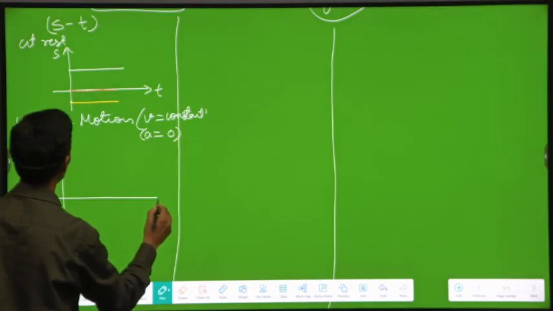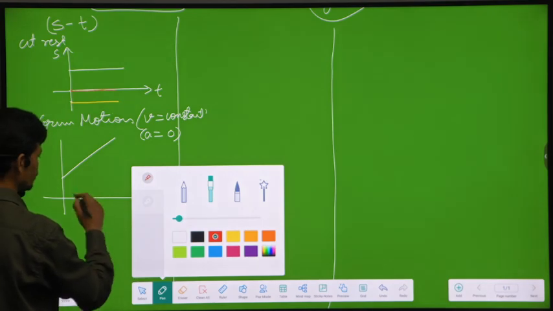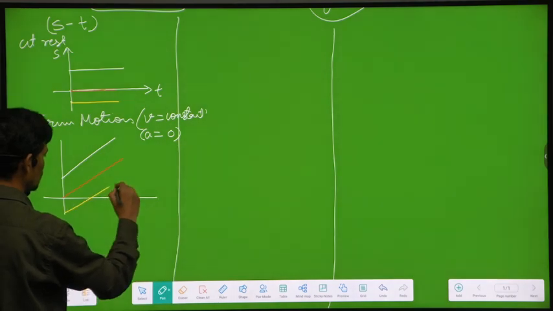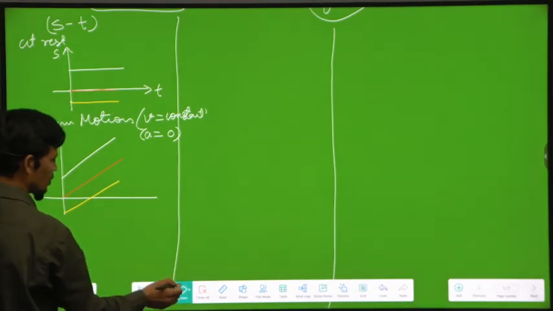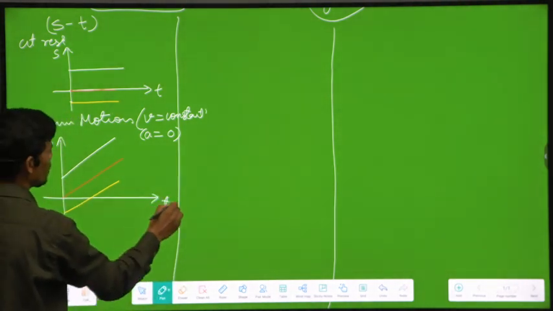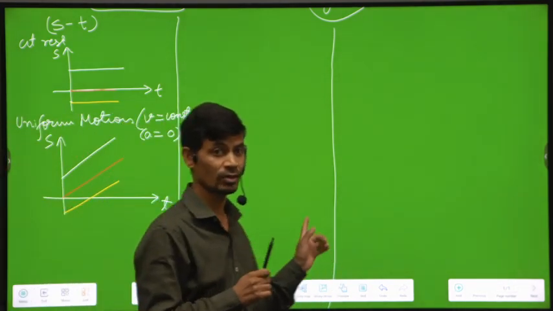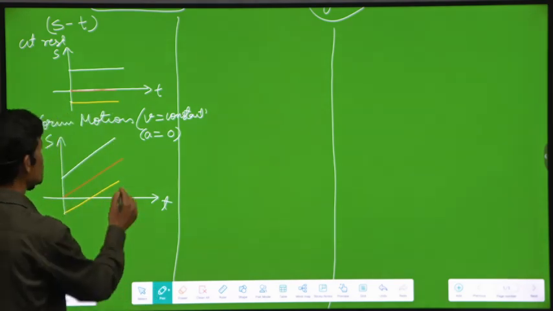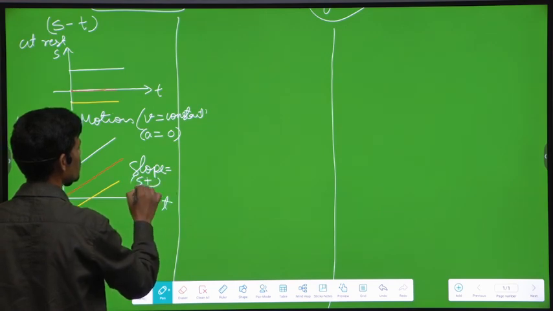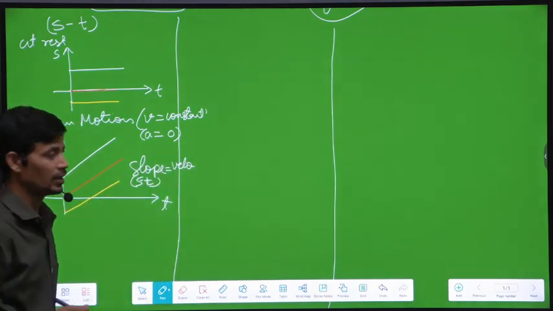So its graph will be like this, or this, or this. Ultimately, it will be an ST graph with constant slope. That's important, with constant slope, because the slope of the ST graph is equal to velocity. Remember that thing.